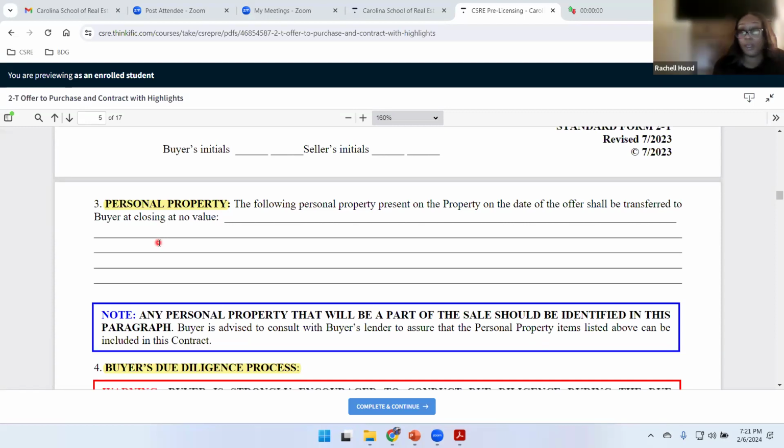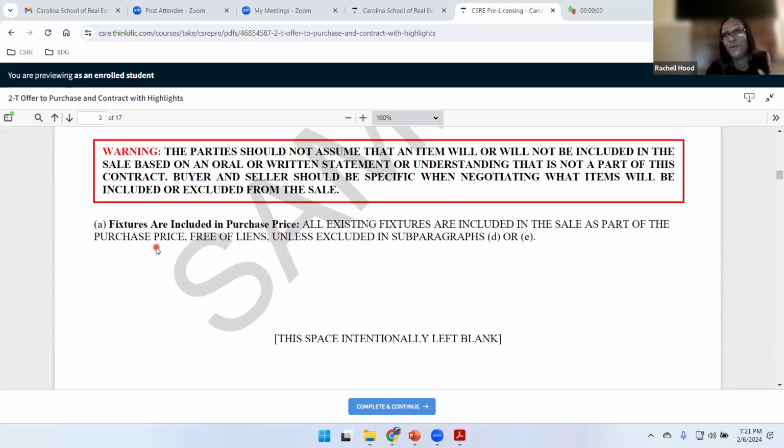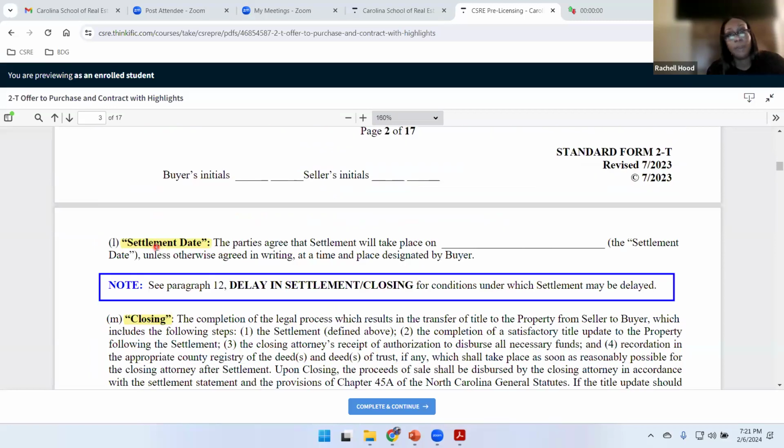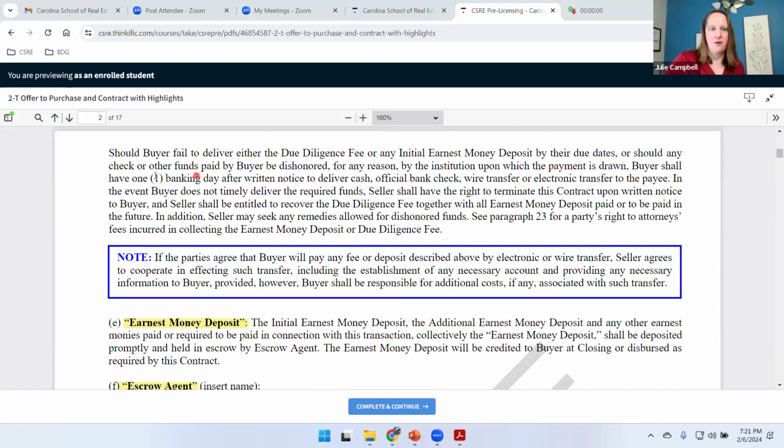Julie, I had a question about what we were just talking about, but I couldn't get myself off of mute. Okay, when you said deliver, you have one day, well, it has to be delivered and they have one day. That's from my hand to theirs, not through mail. Makes sense. Okay. Yeah. So it says buyer shall have one banking day after written notice.